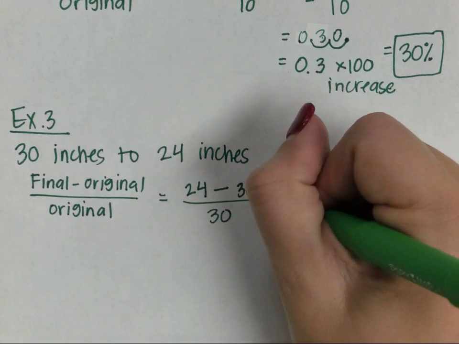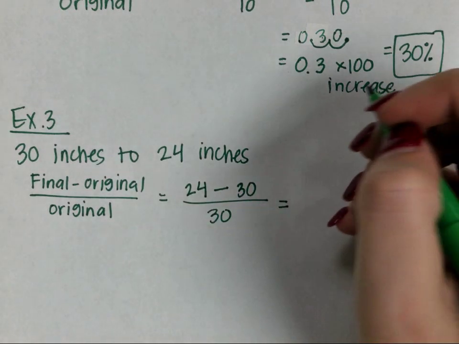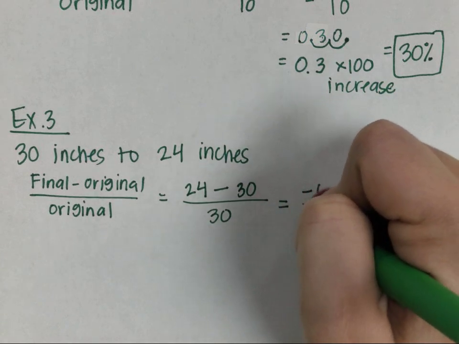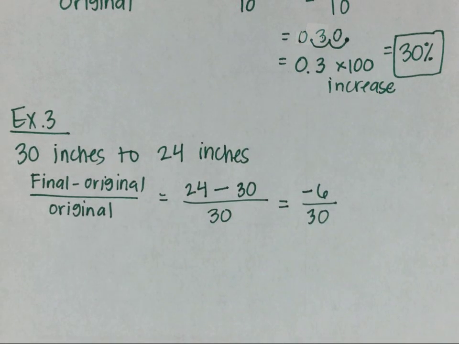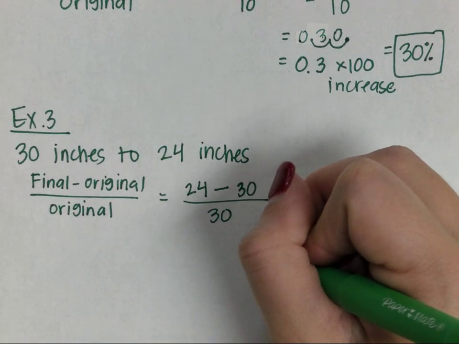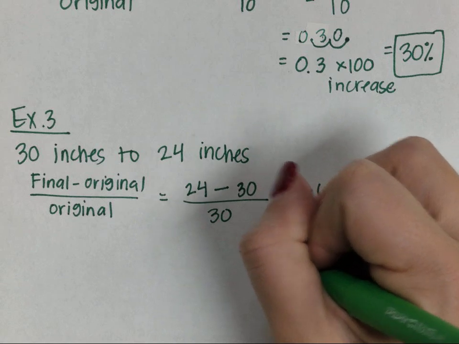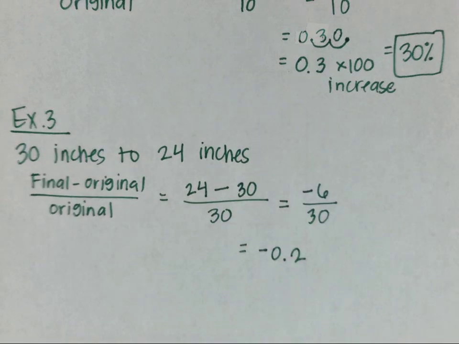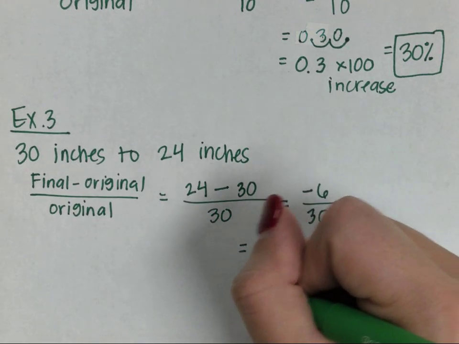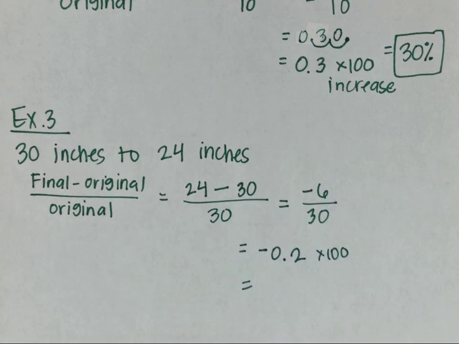So what do I get when I subtract 24 minus 30? Negative 6. So now I have negative 6 divided by 30. What do I get? Negative what? 0.2. Okay. So if I want to change that to a percent, what do I get?